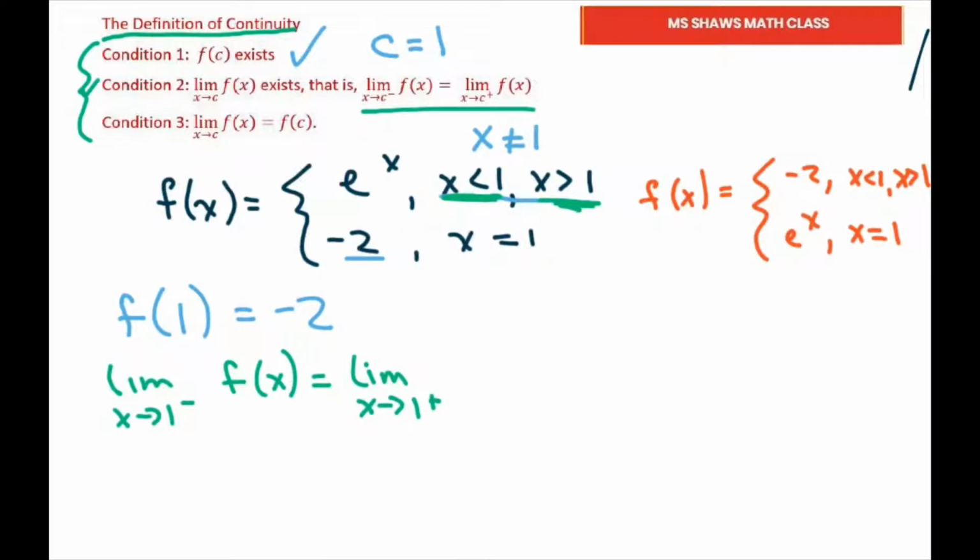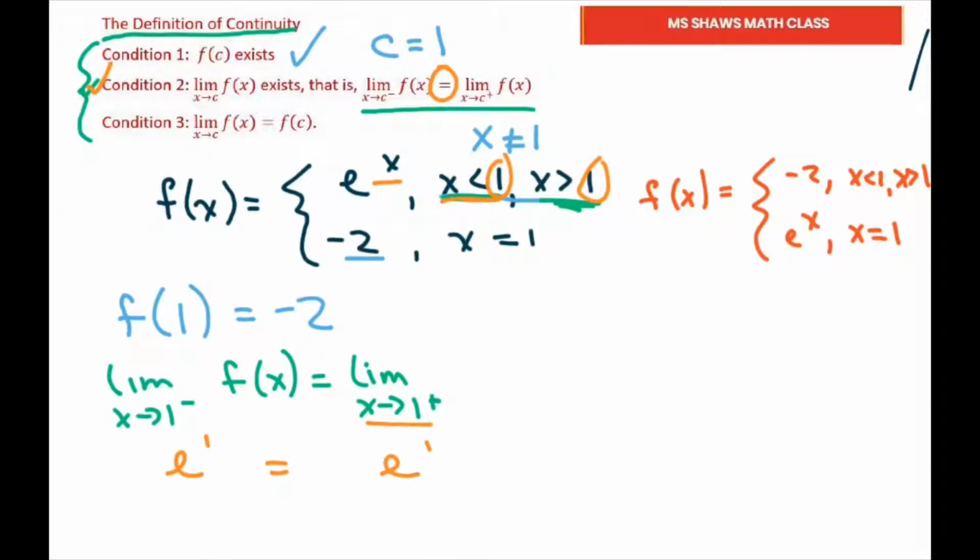So all you do is plug in the 1 into this, and for this one you get e to the first power, which is e. And for this one, you plug in 1, you get e to the first power. So they do equal. That means condition 2 is satisfied.